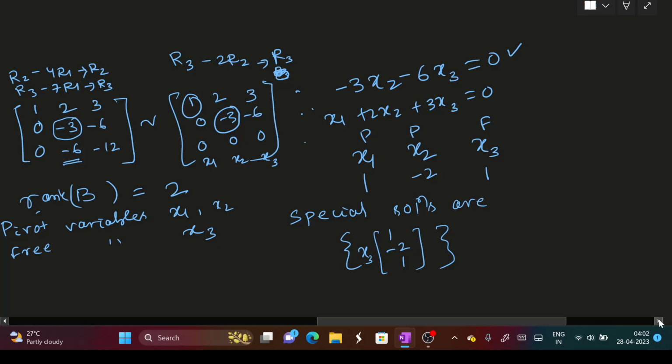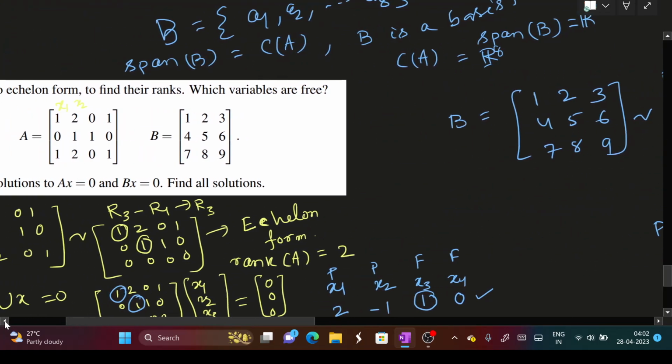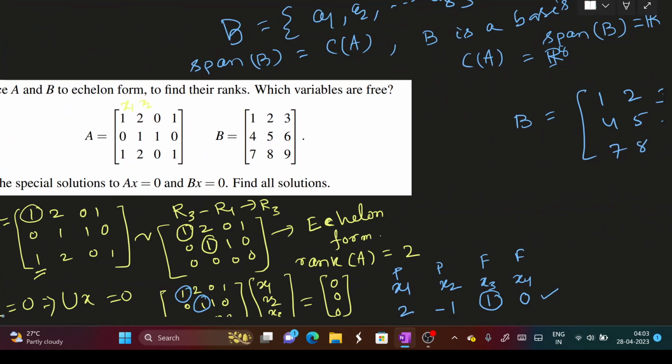So in the basis, I will observe in the vector obtained the last component. Whatever value is there, here I will write that much. If the last component is multiplied with 7, then the vector will be 7, minus 14, 7. So if any vector is given to me, what is the multiple? That I will verify from this x3. So if I am not writing x3, still there is no issue, because it is only one vector. That means that vector's scalar multiples will give me the null space of this matrix B.